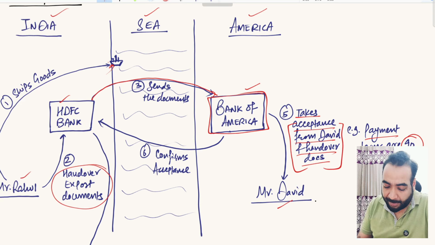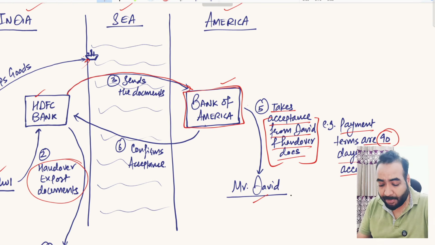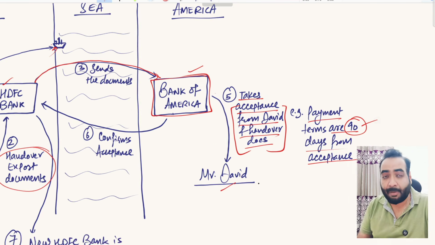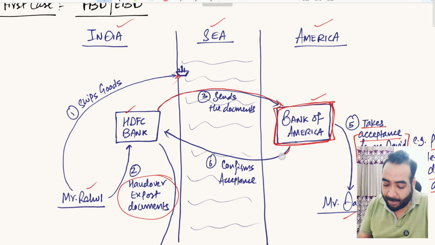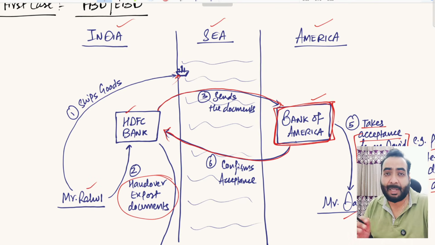So Mr. David gives the acceptance to Bank of America that I am authorized to receive these goods, and I am committing that I will make the due payment in 90 days. After taking the confirmation from Mr. David, Bank of America will confirm the same to HDFC Bank. Bank of America will tell HDFC Bank that David has accepted the terms and conditions of the bill of exchange and he has committed to pay the due amount in 90 days only.